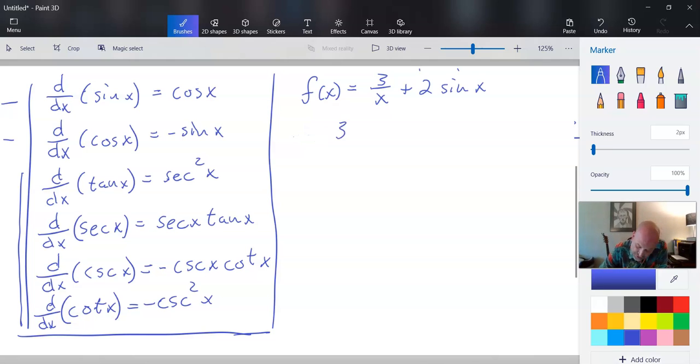So I'm going to rewrite the function as 3x to the negative 1 plus 2 sine x. Now if I bring this to the front using the power rule, that gives me negative 3x to the negative 2. And then taking the derivative over here, I know I can pull a constant through the derivative, so all I have to do is take the derivative of sine, which is cosine. So this is 2 cosine x.